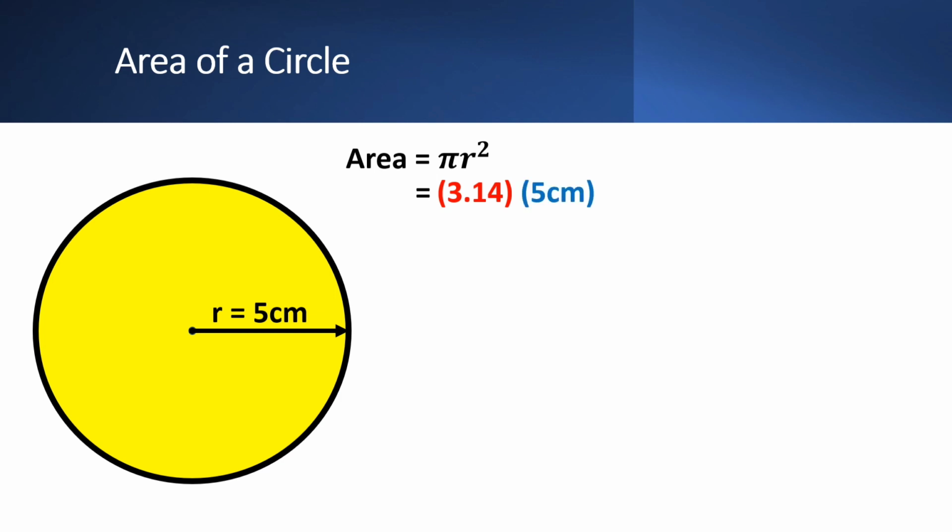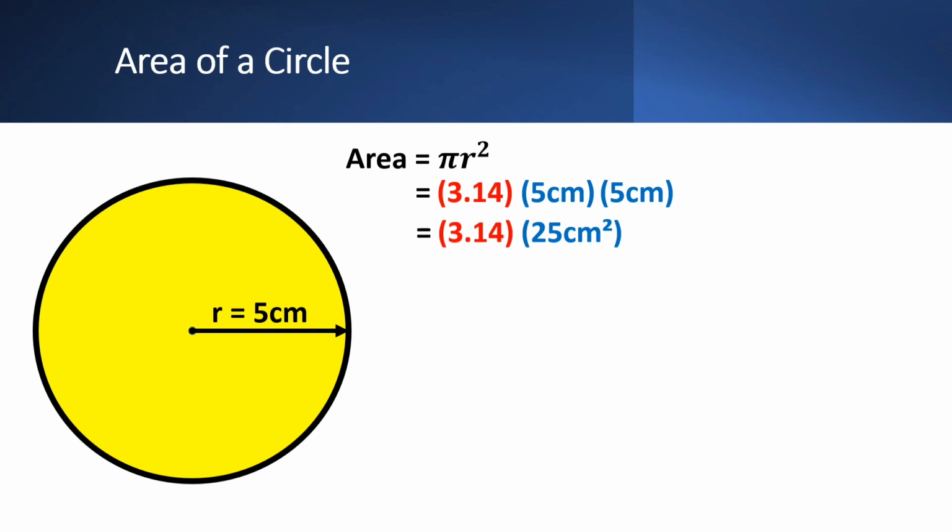So magiging 5 centimeters times 5 centimeters. Next, copy 3.14. So 5 centimeters times 5 centimeters is of course equals to 5 times 5 is 25. So 25 centimeter squared. Again, wag kalimutan, ang ating unit of measure is centimeter squared.